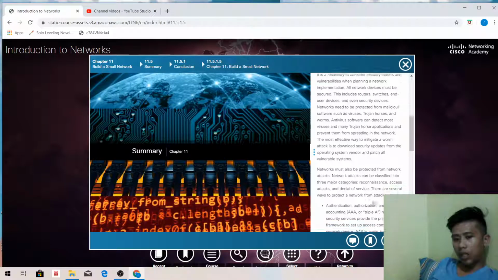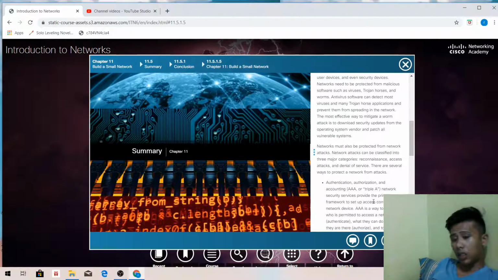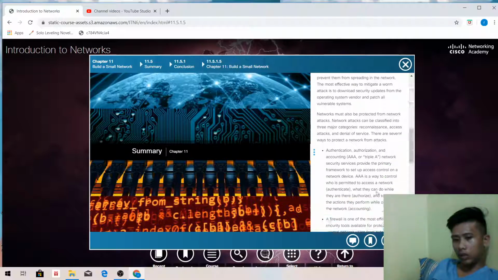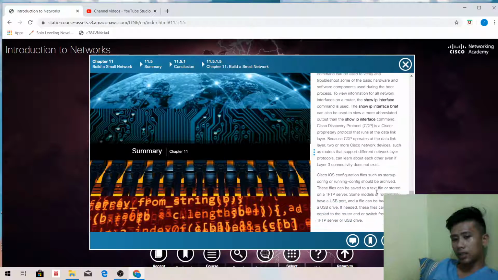Networks must be able to protect from network attacks. Network attacks can be classified into three major categories. The first one is reconnaissance, then access attacks, and denial of services. There are several ways to protect a network from attacks.